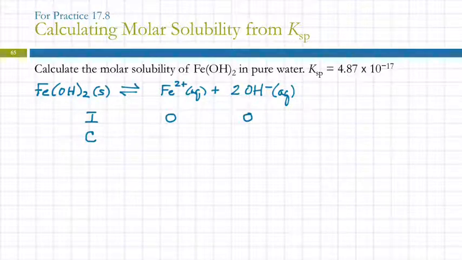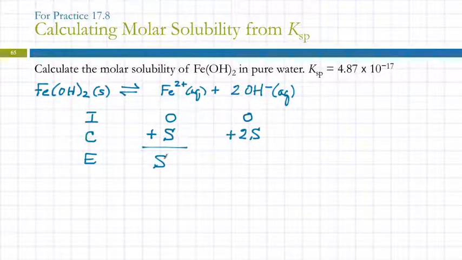They're going to increase, and we'll use S instead of X. Iron is going to be plus S, right? And what's the hydroxide? Plus 2S. Okay, so then at equilibrium, we've got S, and we've got 2S.